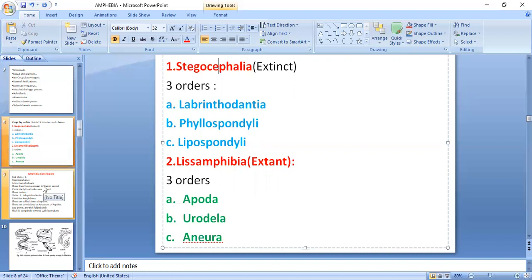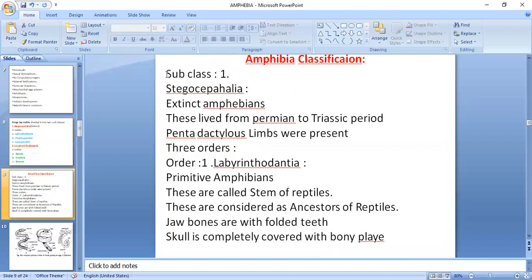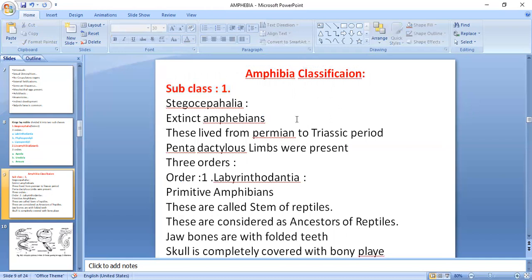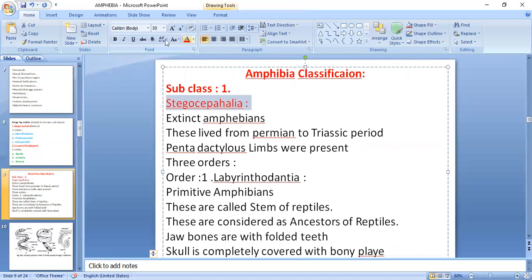Let's see the classification in detail. Actually, I had downloaded and collected some diagrams of various amphibians, but I lost them. Anyway, the first subclass is Stegocephalia.